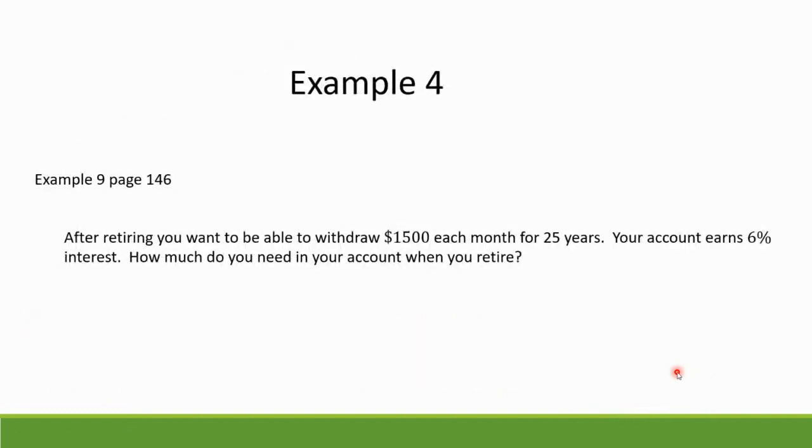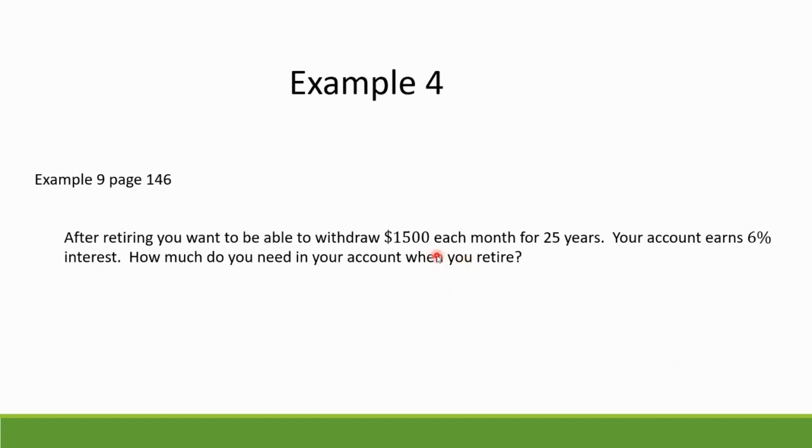All right, we have seen this kind of problem before as well. Basically here, we have that retirement account, right? And we want to be able to take out money once we retire. So here, we want to withdraw $1,500 each month for 25 years.